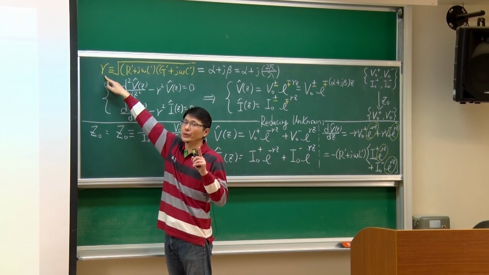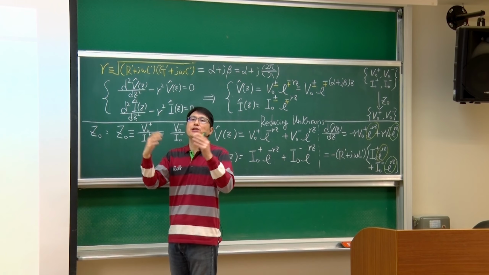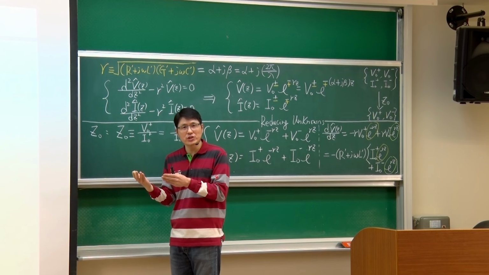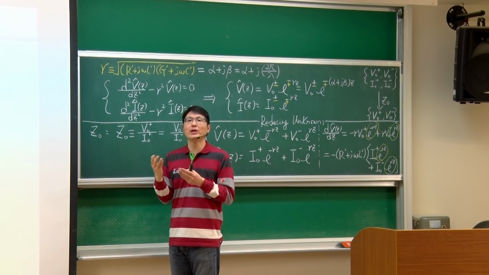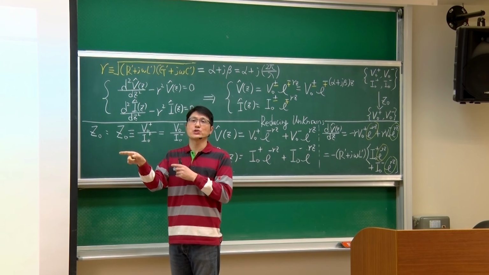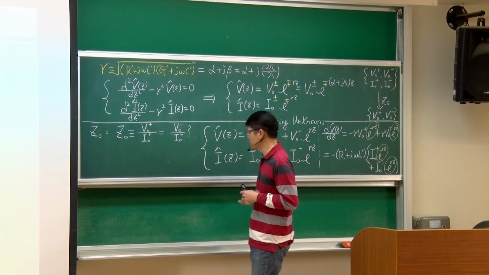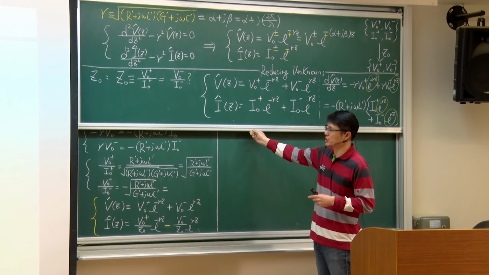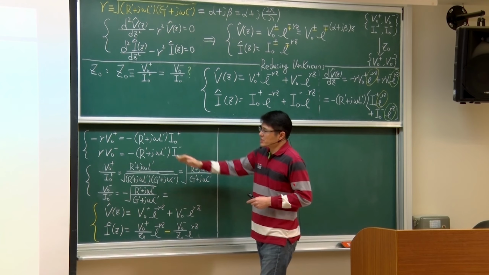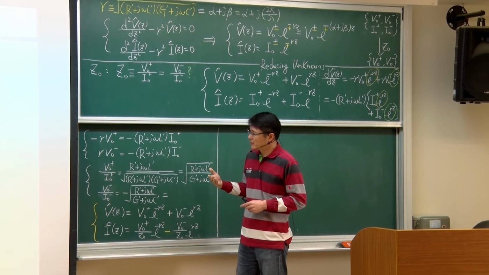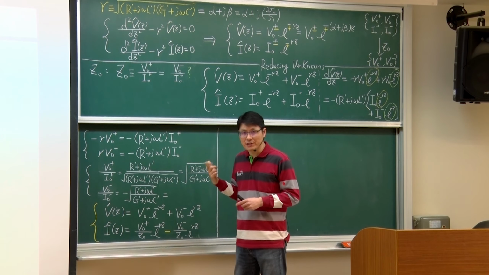So if you know your gamma, basically you know how voltage and current are related for a certain direction. So this is the beauty of a transmission line. Let's take a look. I performed a detailed derivation for you.